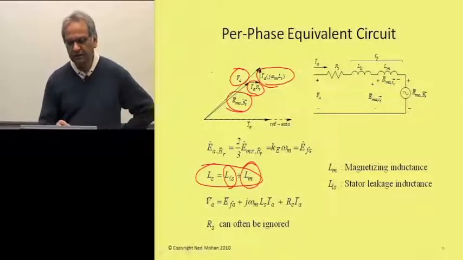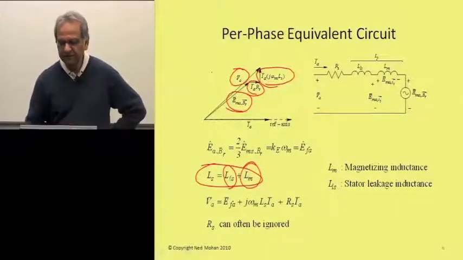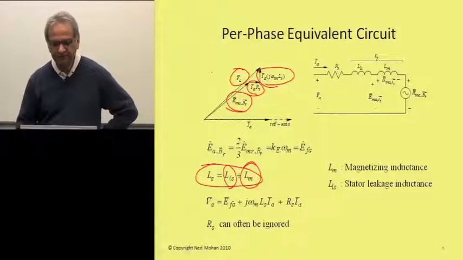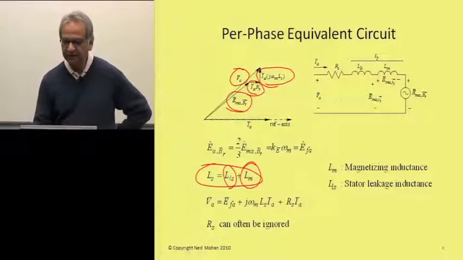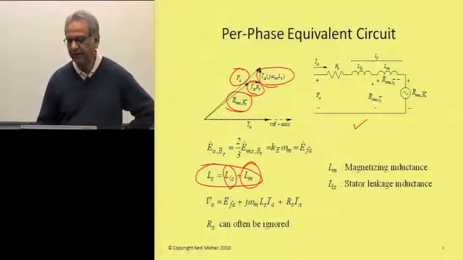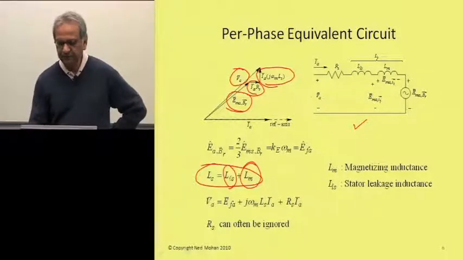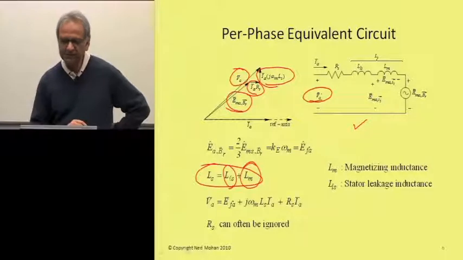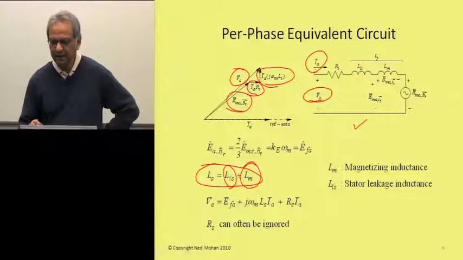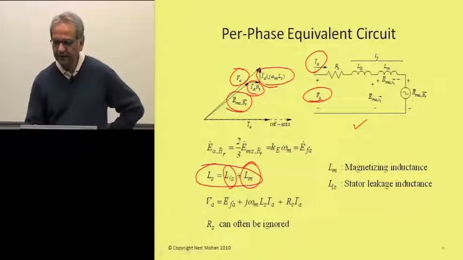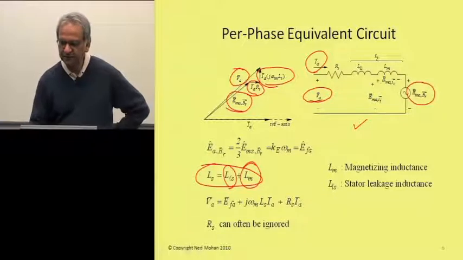So from these phasors we can come up with this per phase equivalent circuit. This is the voltage that has to be applied to supply this current over here, and then we have this back EMF due to the permanent magnets on the rotor.